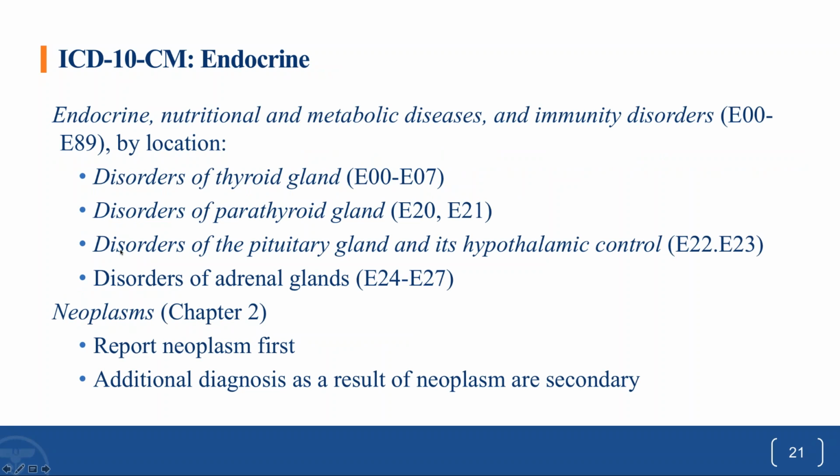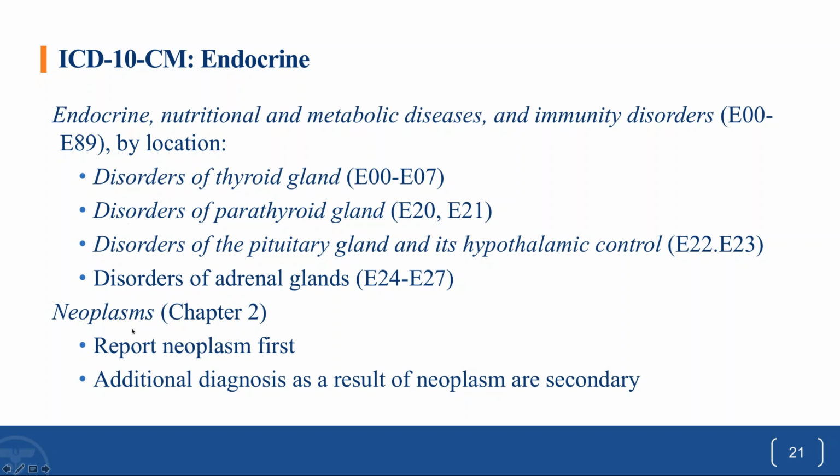Okay, and I think you guys are pretty good with endocrine, and that's where all your diabetes and that type of thing comes up. Remember, it's very, very important to know your coding guidelines, especially with diabetes. Okay. And that's your E, that's for nutritional, metabolic.